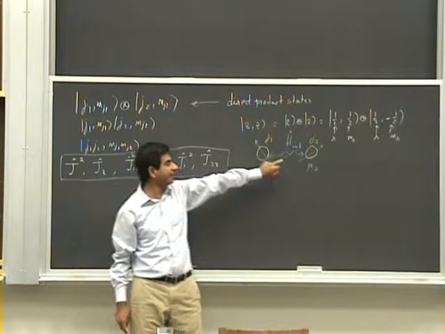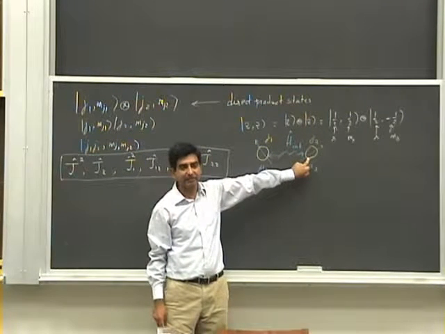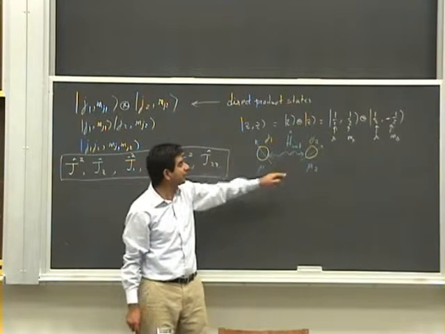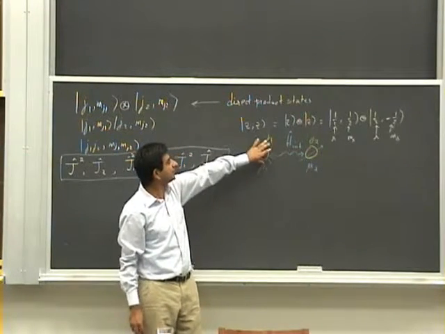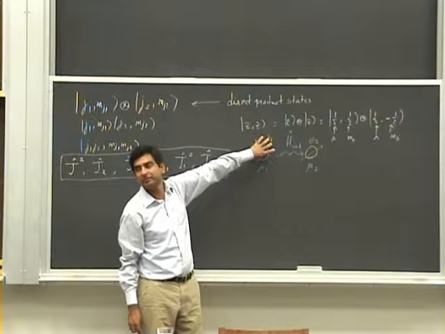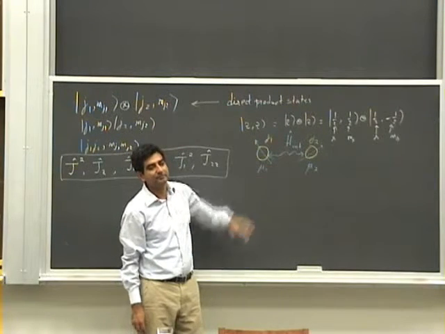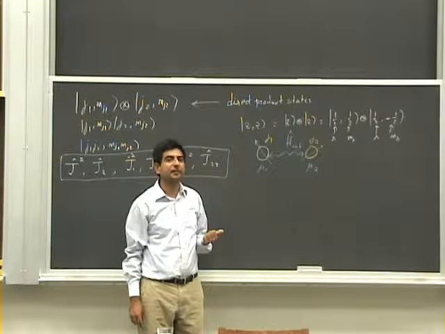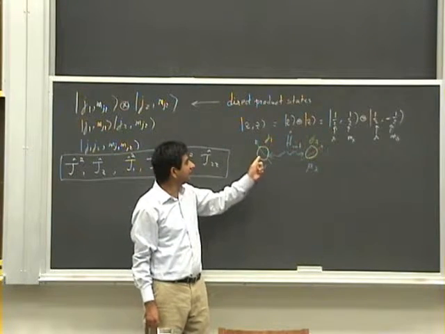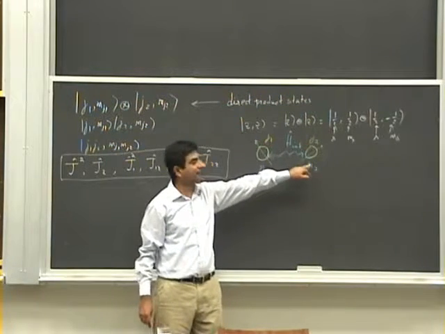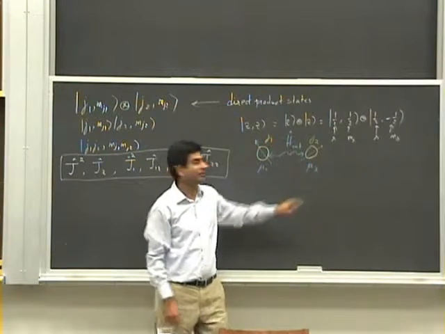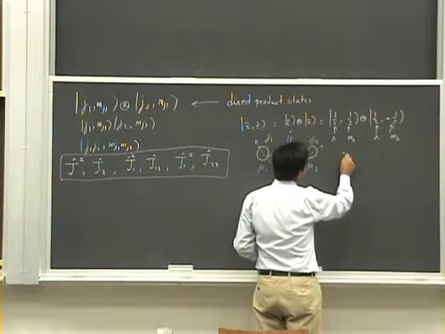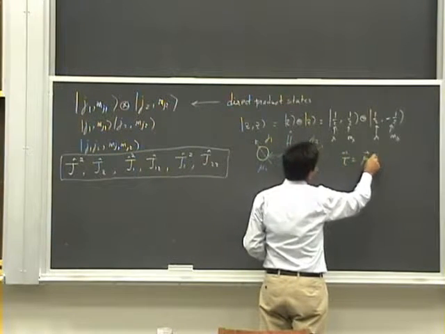No. Can it change the magnitude of the angular momentum of the second particle? No. If there is any interaction, the magnitude of this angular momentum will not change, because the torque, if there is interaction, means there is a torque acting on this magnetic moment. That torque is, in classical terms, mu cross B.